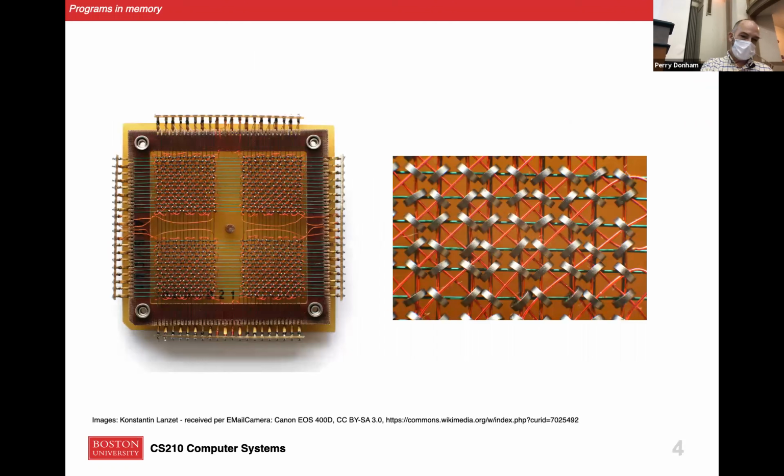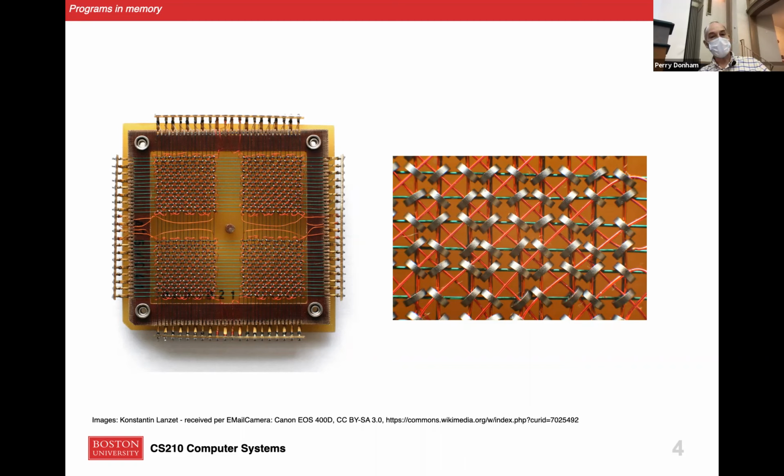These are address and data lines, laid out in a grid, so you would activate a set of address lines, and by activate I mean put voltage on, and they would intersect at a spot. Because there was voltage on those wires, it would magnetize this little magnetic bead. That would be a 1. If you wanted a 0 there, you'd reverse the polarity, and that would demagnetize that bead, or at least make it the opposite polarity.